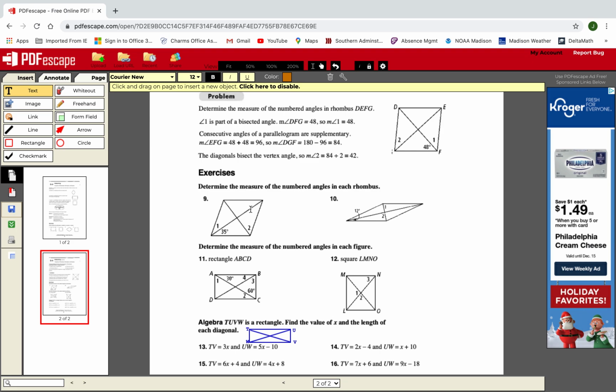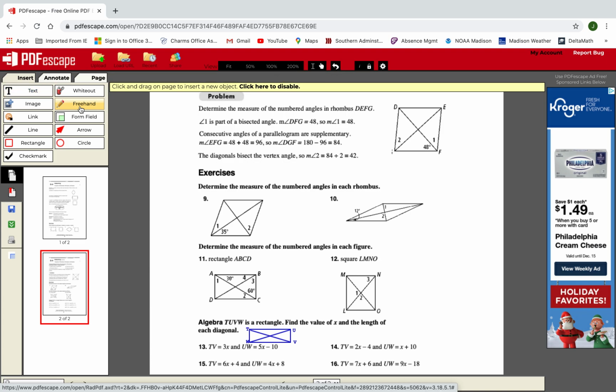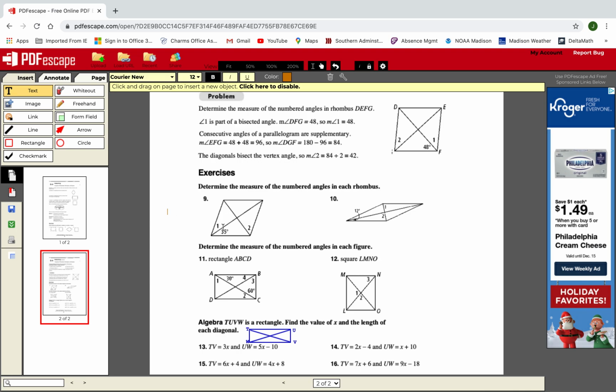So we know that the diagonals bisect the angles, which means that angle 1 must also be 35. Diagonals bisect the angles, and consecutive angles are, I'm sorry, supplementary. That's the other note we're working with here: consecutive angles are supplementary.